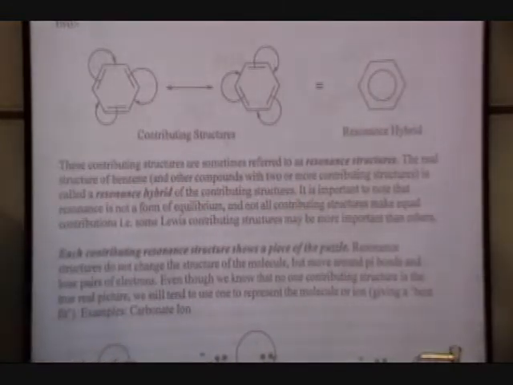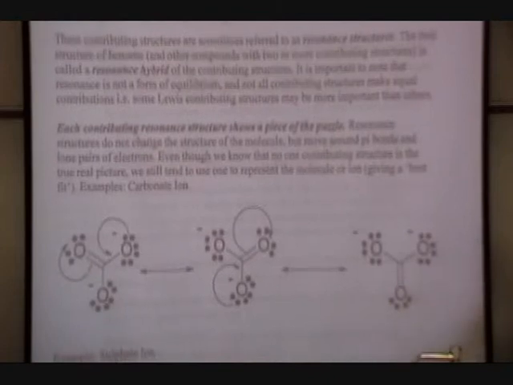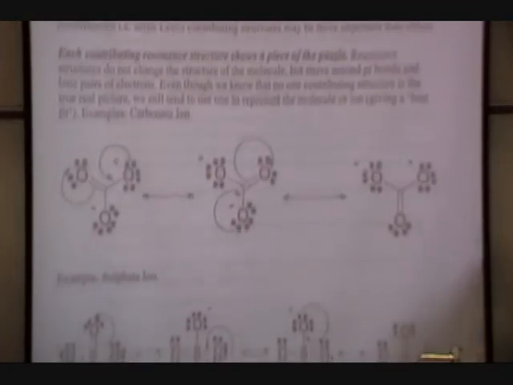So each of those resonance structures gives us an aspect of the more true molecule. Sometimes in your textbook you'll see it summed up as this resonance hybrid here, that circle trying to represent the continuous flow of electrons completely around the benzene ring.